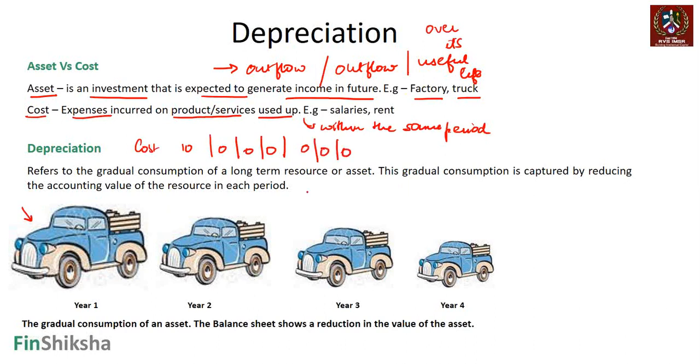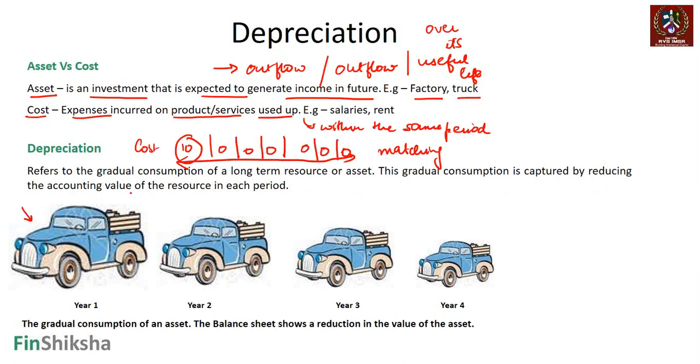Remember, in finance and in accounting, we work with the principle of matching revenues to the expenses that are taken in order to create those revenues. So we have to divide this cost over the useful life of the asset so that the revenue it generates can get matched with the cost that is taken.